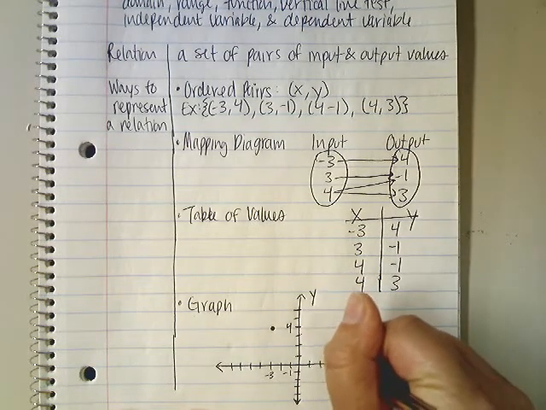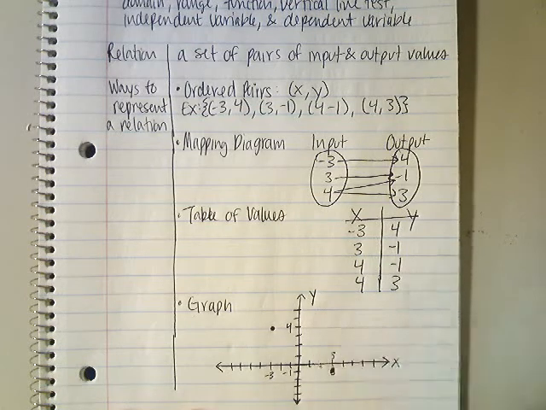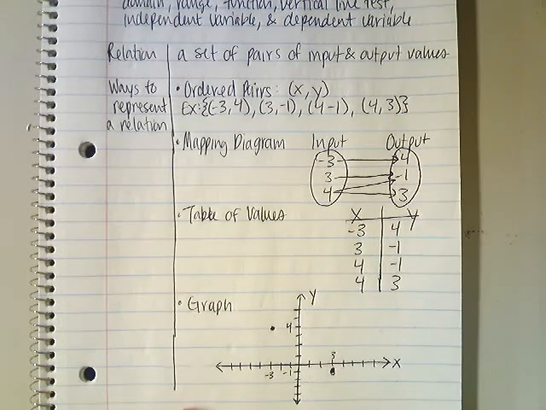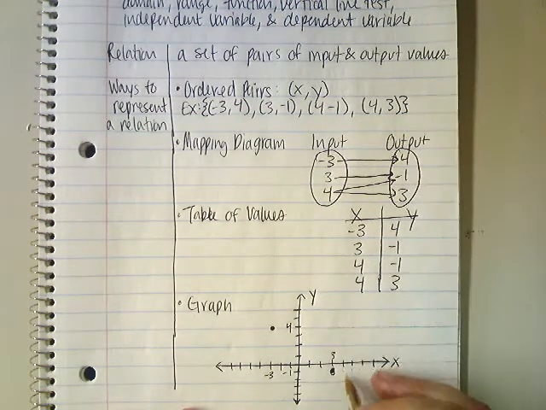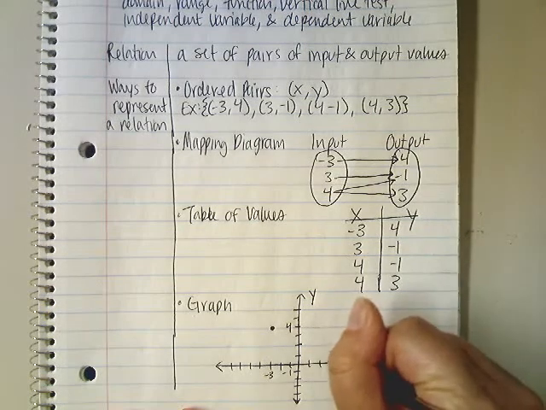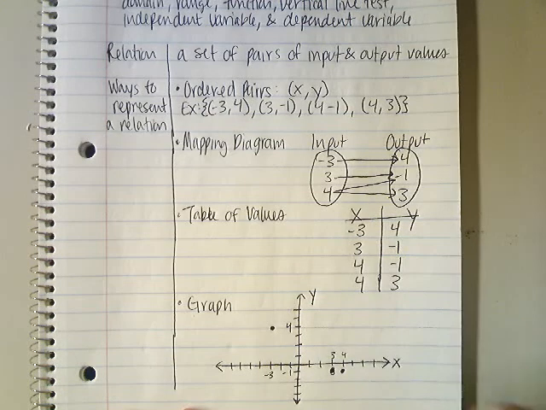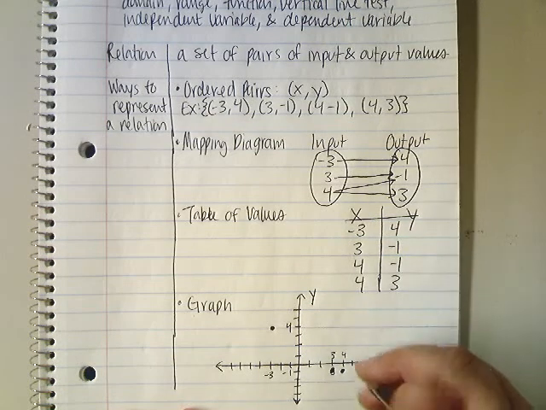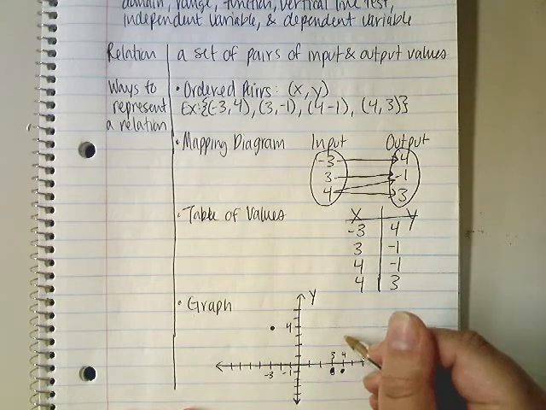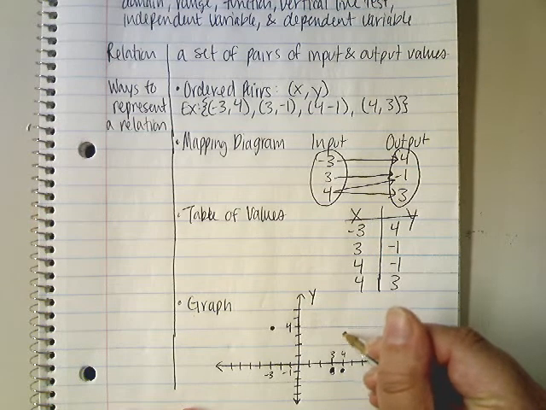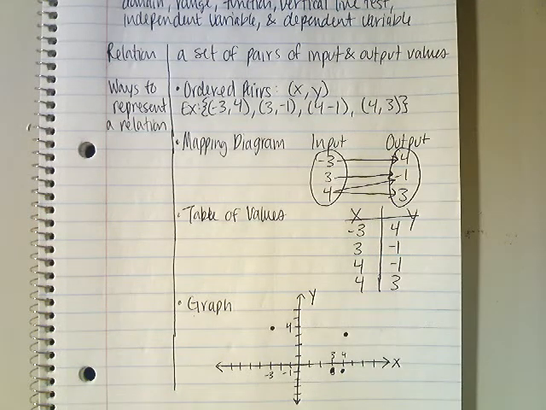So that point would be right about there. And then I have +4 and -1, so that's right here. So I have 2 points there and there. And then my last one is at (4, 3). So 3 is here, 4 is here. Plot that there. So this could also be a graph of a relation.